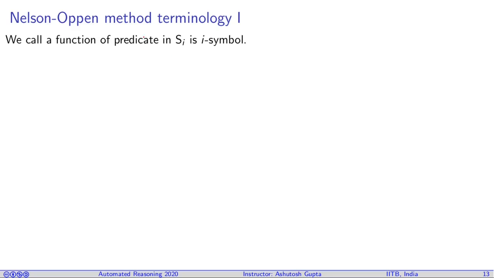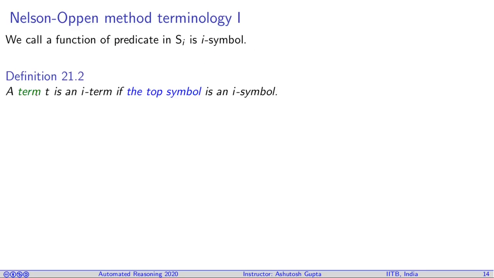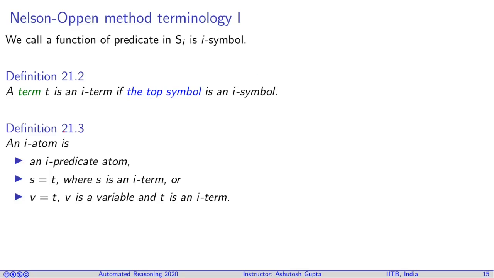We call a function or a predicate in Σi an i symbol, just for convenience. A term t is an i term if the top symbol is an i symbol. Not all the symbols, just the top symbol should be an i symbol. An i atom is an i predicate atom, or s equals t, where s is an i term; s is an i term, t is not required to be.